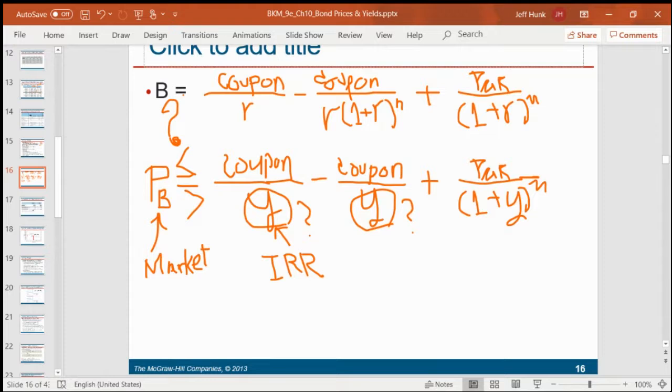Now think about it. Prevailing market interest rate is what? I mean, if you go to the bank, what kind of interest rate? If you put your money into the bank, if you lend money to the bank, what kind of interest rate do you get? In other words, if you put your money in the savings account, you don't even get 0.1% a year.